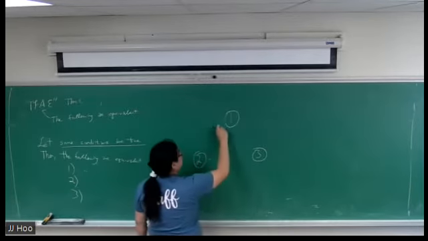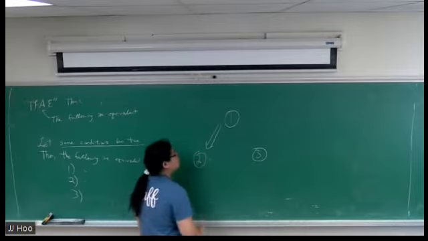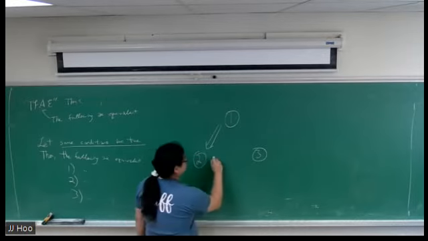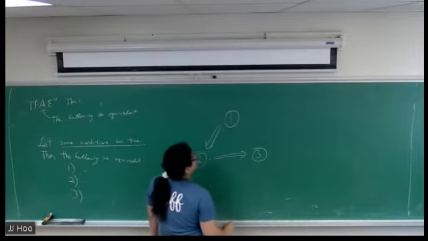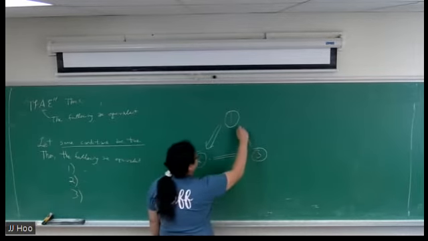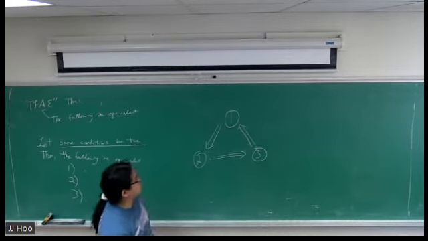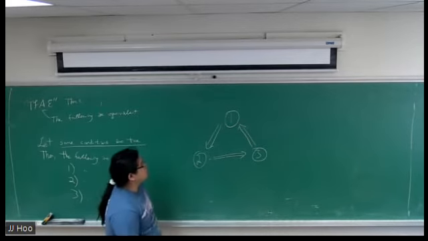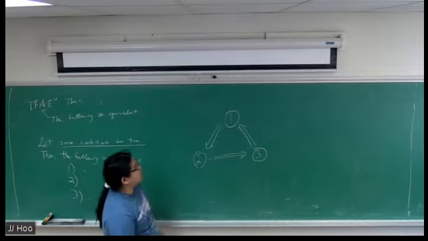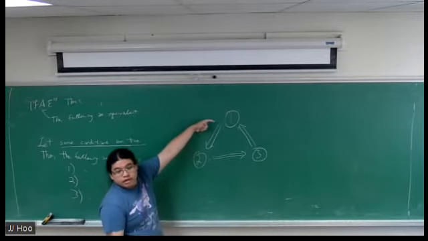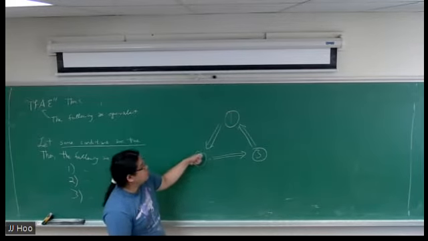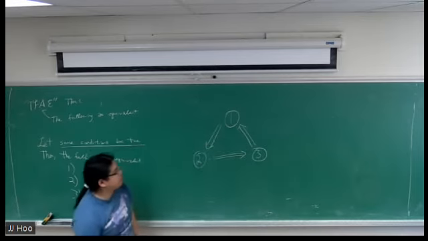Let's say I proved 1 to 2. Let's say I proved 2 to 3. And let's say I proved 3 to 1. Right? Well, look at this. If I started at 1, I can get to 2, and I can get to 3, right?